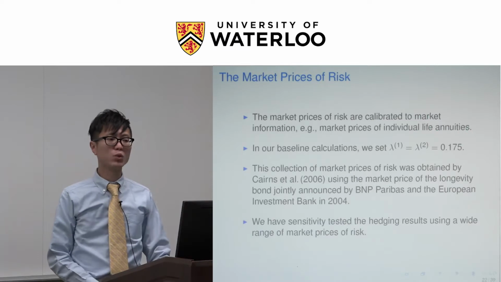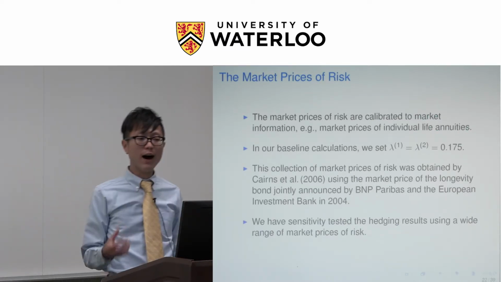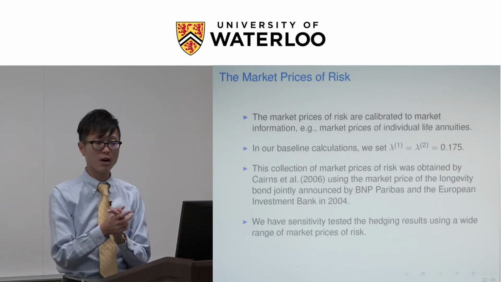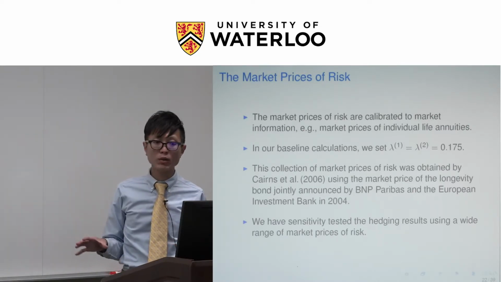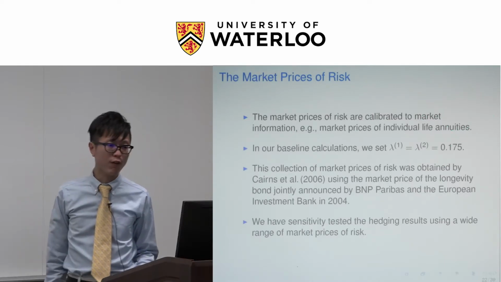And to do this, we have to calibrate the model to market information, i.e. market prices of mortality-linked products, for example, individual life annuities. Now, in our baseline calculations, we set lambda 1 and lambda 2 to 0.175.